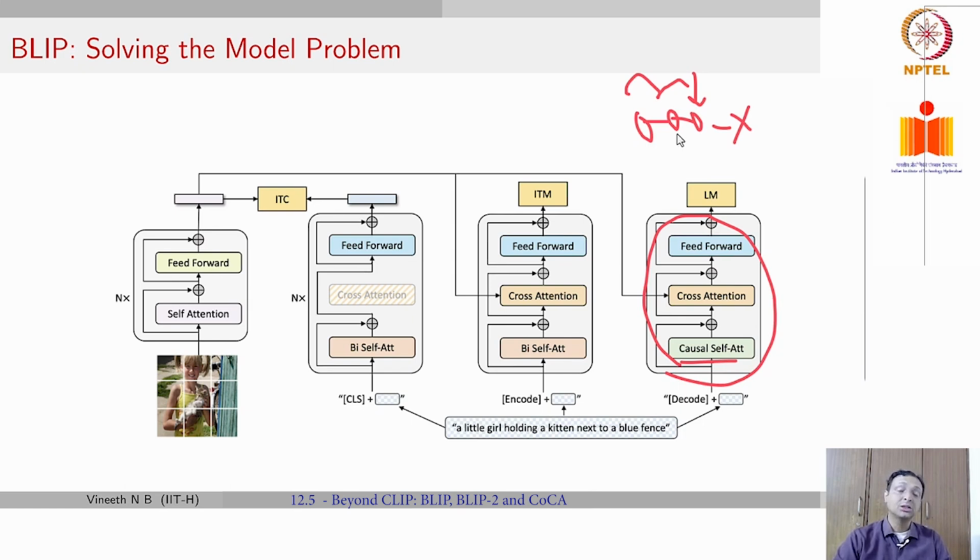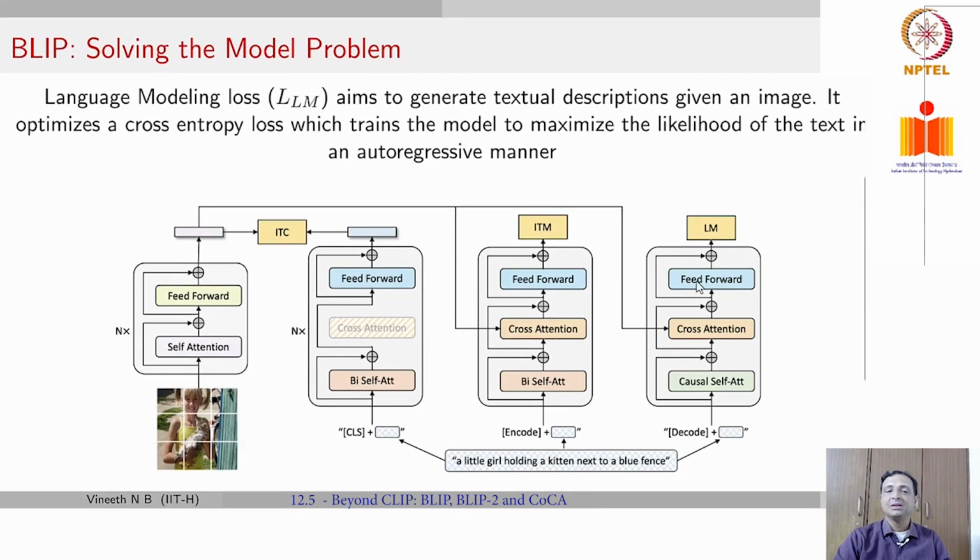This is done so that the model learns to predict text in an autoregressive manner by looking at only the previous text to predict the next word. So clearly you can imagine what the output of this block would be. This block outputs textual descriptions given the image.